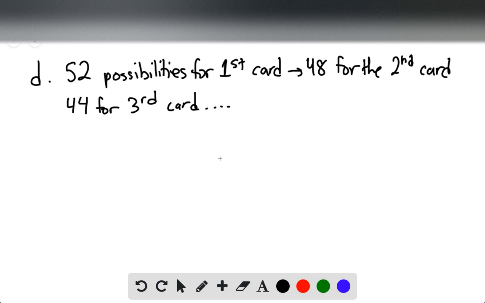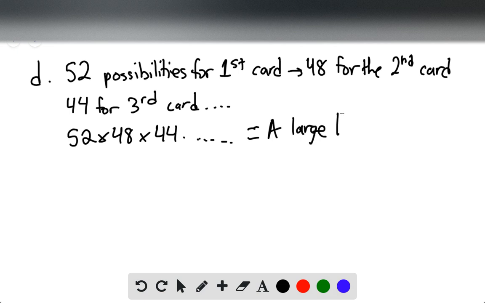So essentially, we have 52 times 48 times 44 ... We can say that we have a large number of microstates. So very large. It wouldn't really be worth it to count it because we can just find the probability as of now.